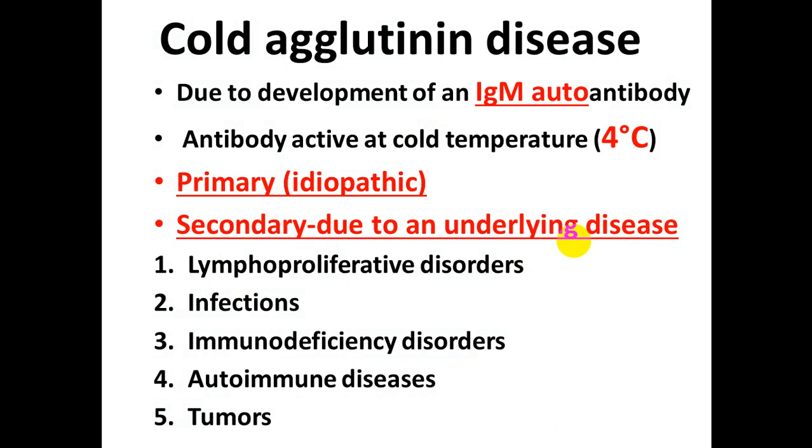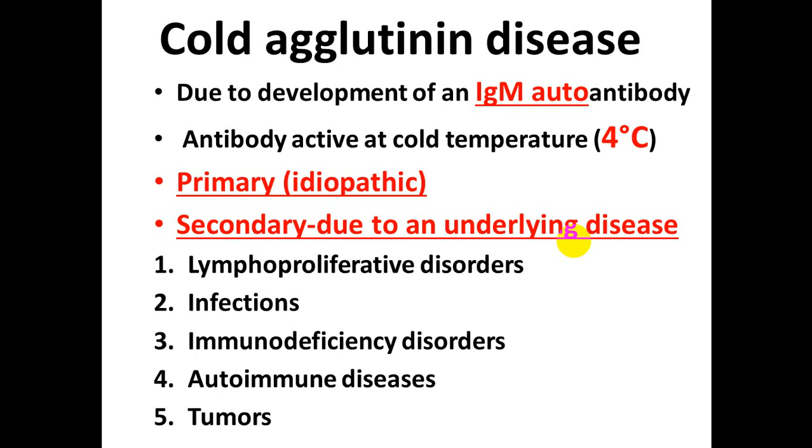Cold agglutinin disease, or autoimmune hemolytic anemia with cold agglutinin antibodies. They are due to development of an IgM autoantibody. Antibody active at cold temperature, 4 degrees Celsius. They are primary or secondary.